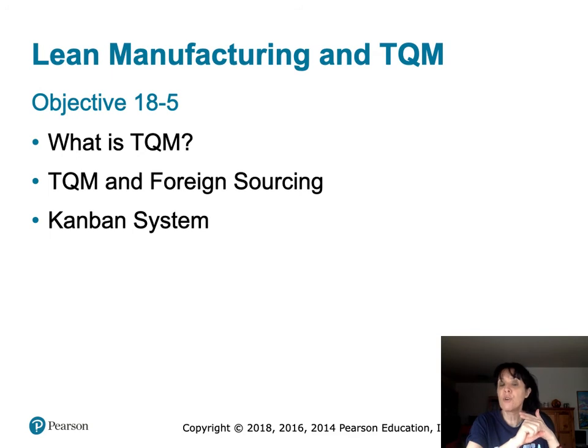Number two, continuous improvement. Number three, employee involvement. The goal here is to eliminate all the defects. TQM often focuses on benchmarking world-class standards: product and service design, process design, and purchasing.